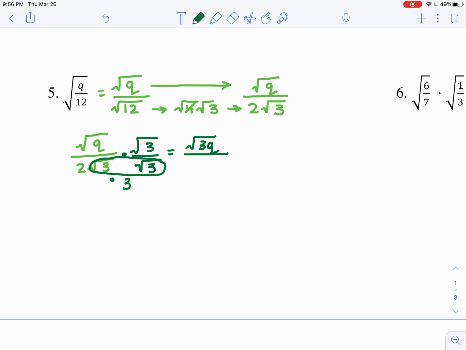So in the denominator, 2 times 3 makes 6. Underneath of the square root sign, there is no perfect square that goes into 3, so the radical is simplified. We cannot reduce anything top to bottom because the 3 is underneath of the radical sign, but a 6 is not. So this is our final answer.